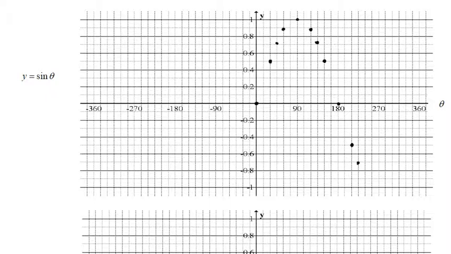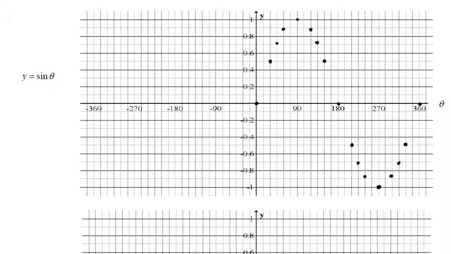And then we get 270, and we skip over a couple to 300, 360. So that's something like that.